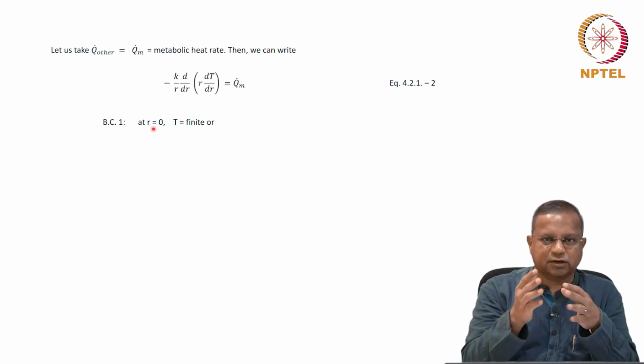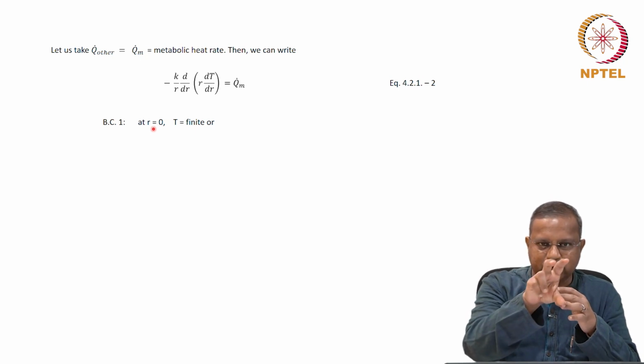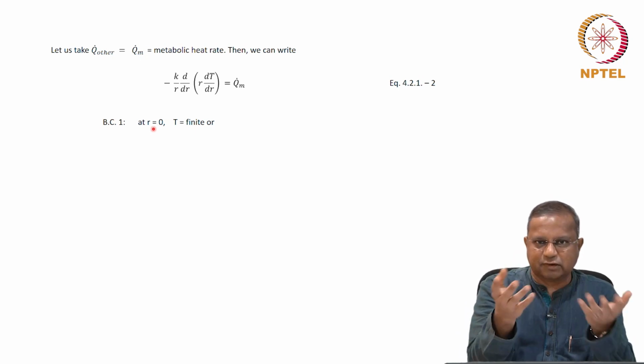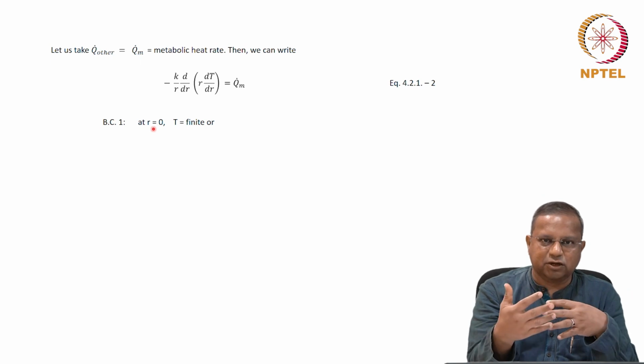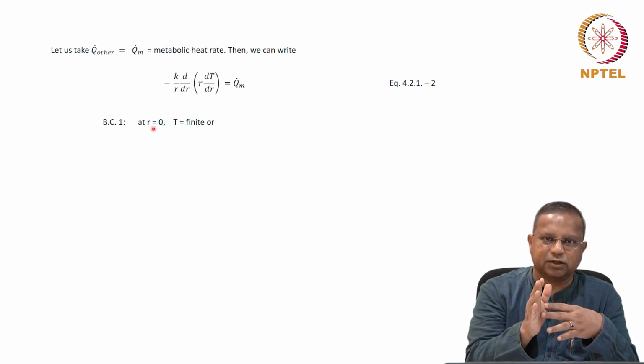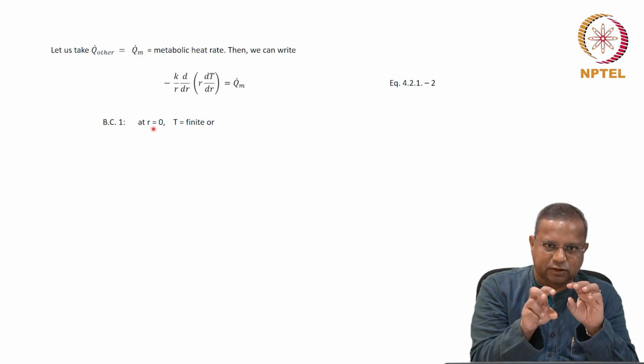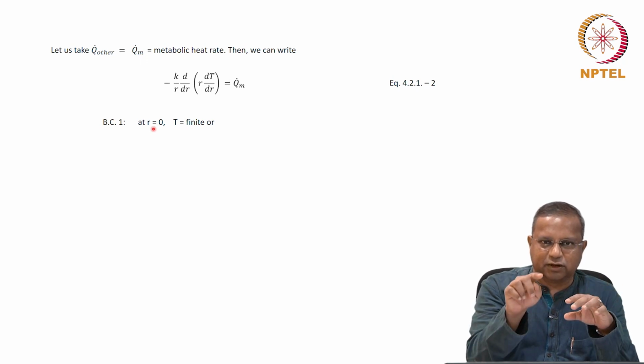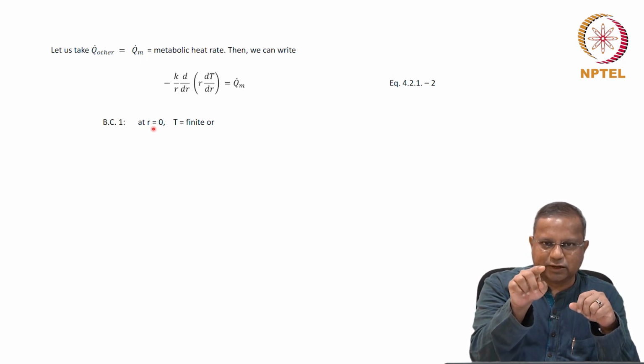Whatever temperature profile is there is reality. So that reality should not be affected by the direction or the approach that we take. That is the bottom line for expecting a certain behavior at the center.